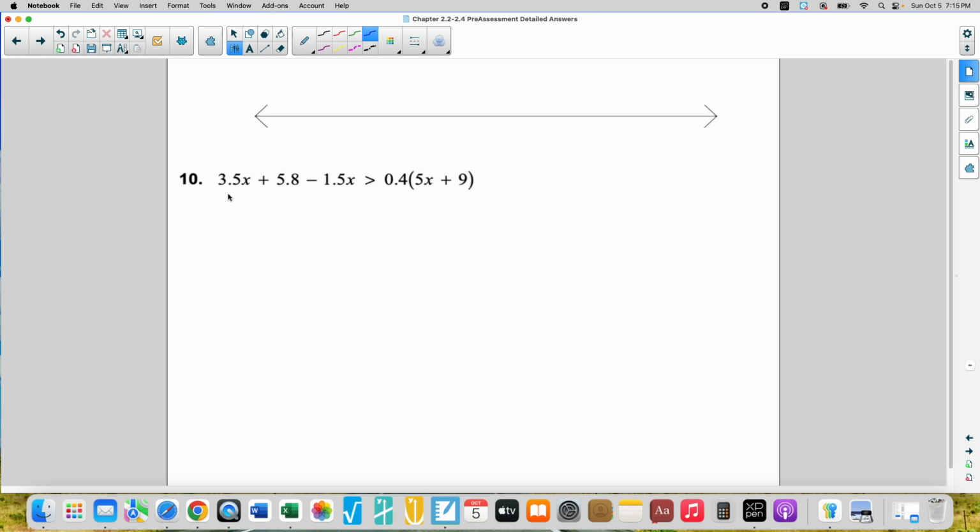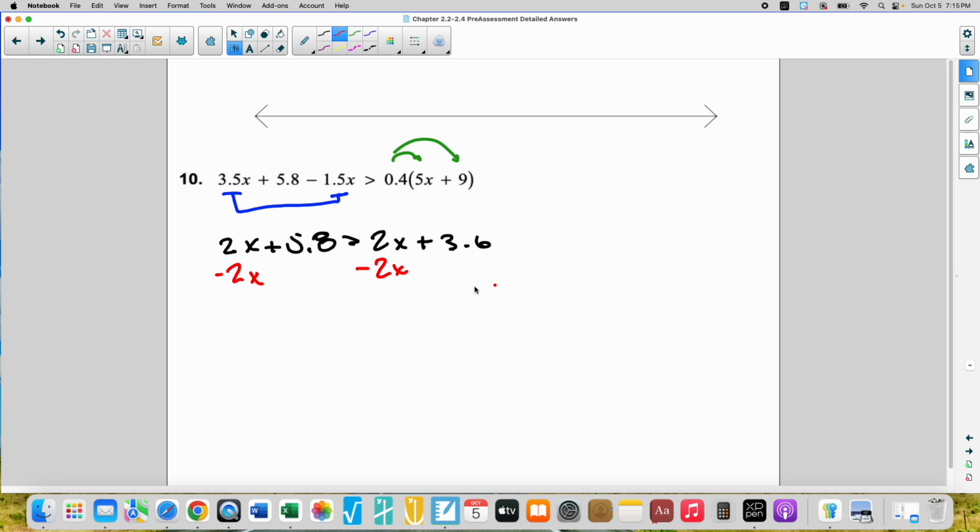We have like terms here on the same side, and we have distribution that we have to do. What's that going to give us? That's going to give us 2x plus 5.8 is greater than 2x plus 3.6. Let's move the variables. Wow, we got a lot of canceling of variables.